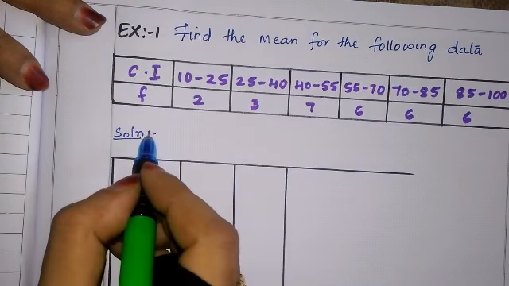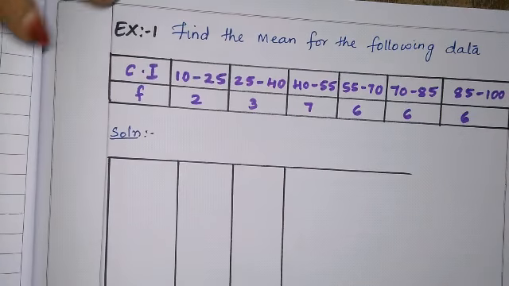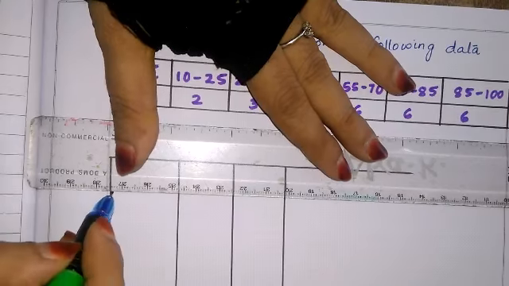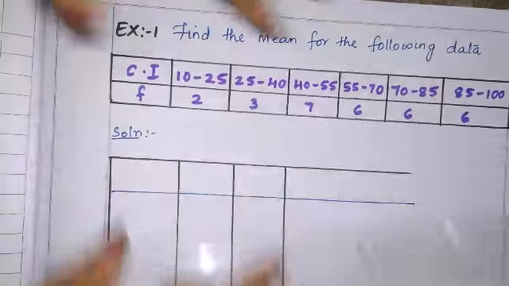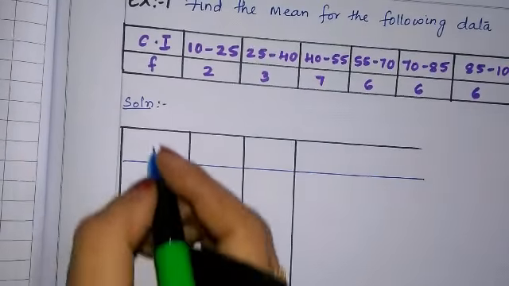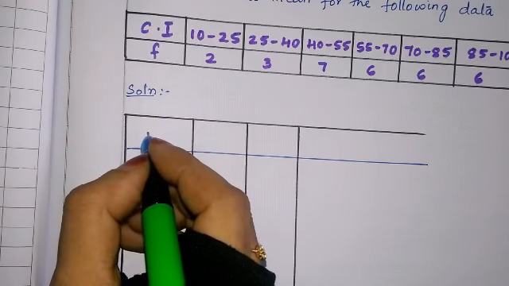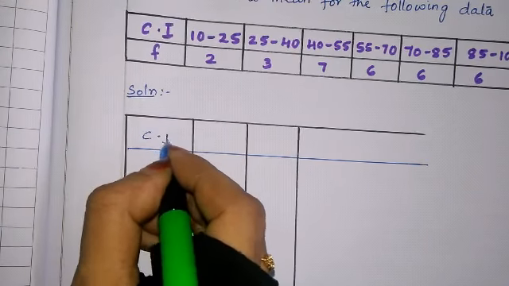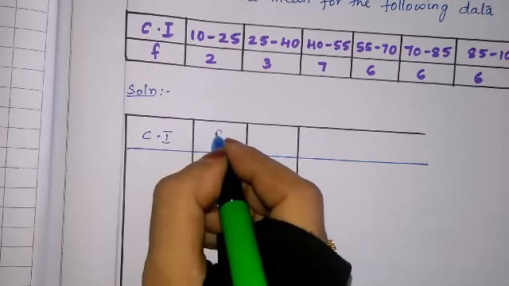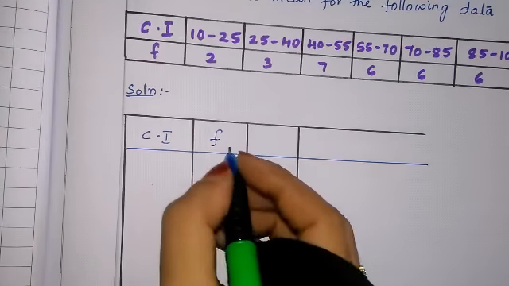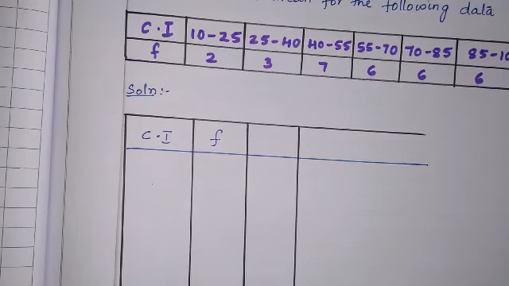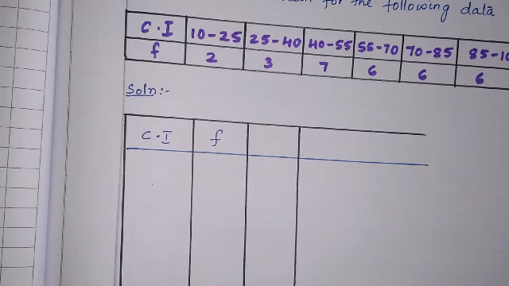To find the mean, first we need to draw the tabulation. So I will draw the table. As we start solving mean, first thing we have to write is class interval. Then we have to write frequency, because we know the formula: mean is equal to sigma fi xi upon sigma fi.